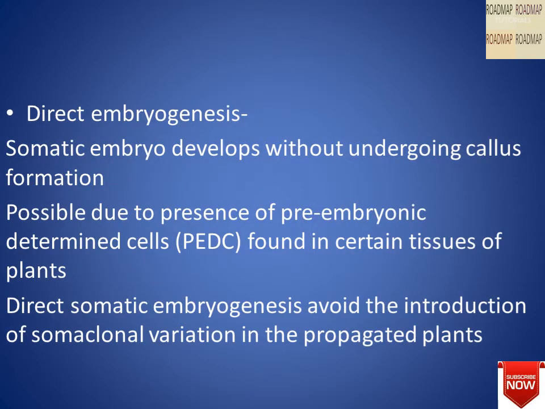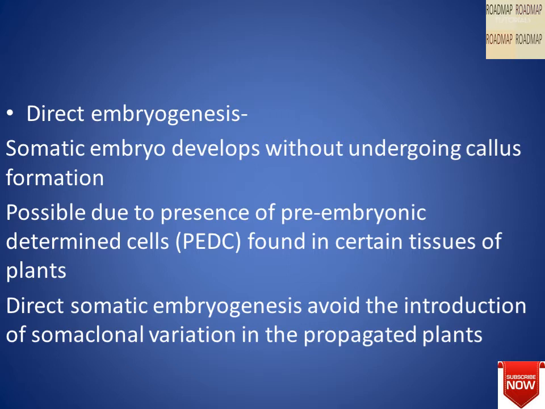Now, there are two types of somatic embryogenesis. One is the direct embryogenesis and the other is the indirect somatic embryogenesis. Now, it is the same as organogenesis. In organogenesis also there is direct organogenesis and indirect organogenesis.